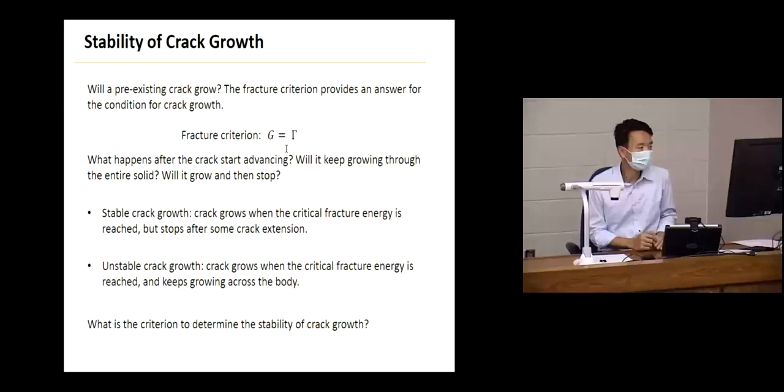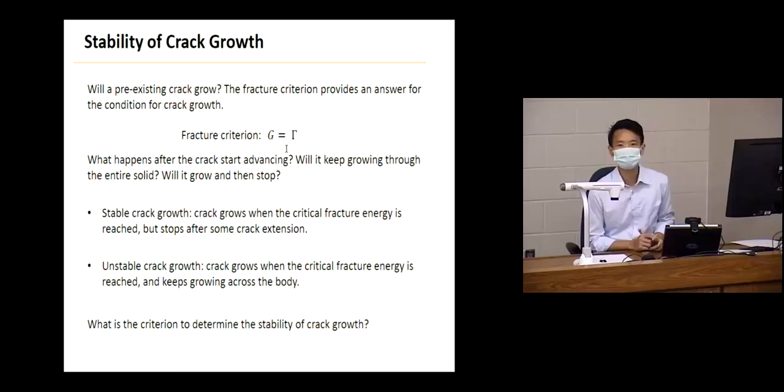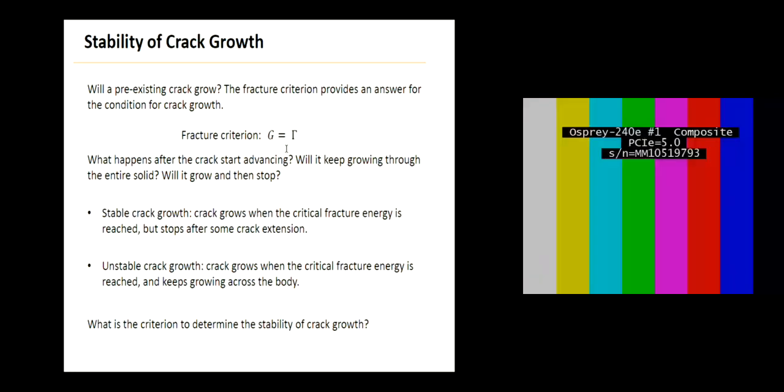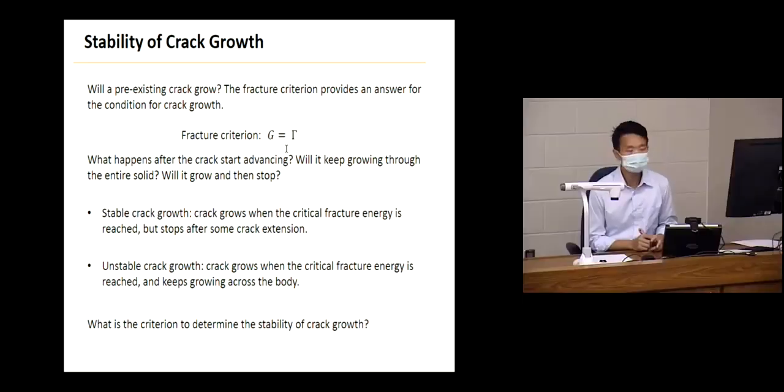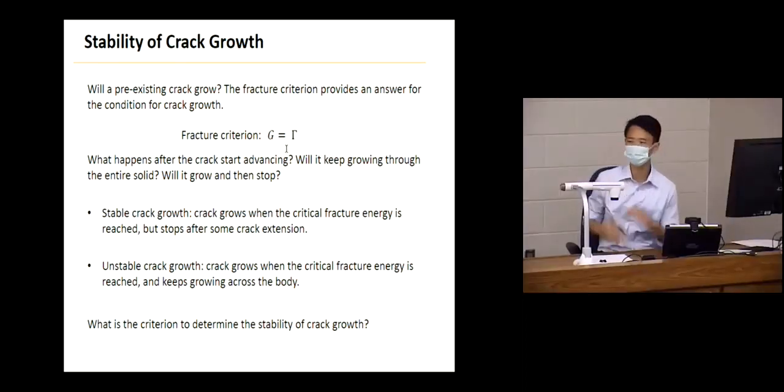We call this the crack stability problem: is the crack growth stable or unstable? We say the crack growth is stable if the crack stops after some time. Both have some crack advancement.